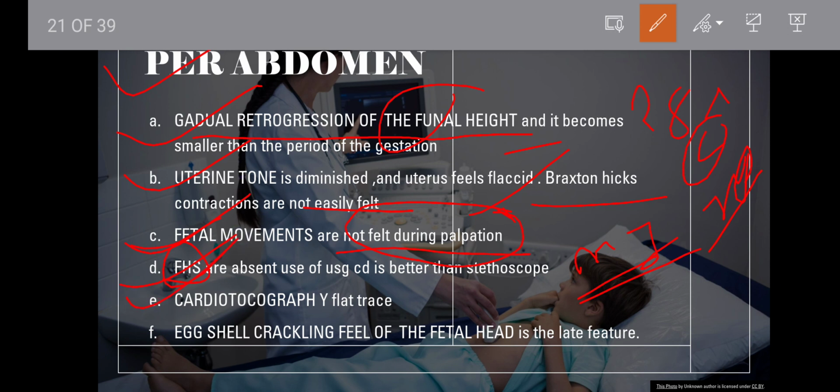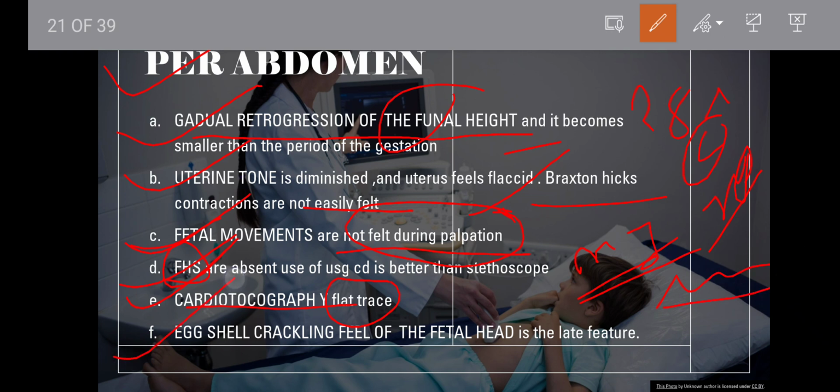Fifth one is the cardiotocography showing a flat trace. If you attach the CTG, like an NST probe, on the abdomen of the mother, you see that no fetal cardiac activity is recorded.